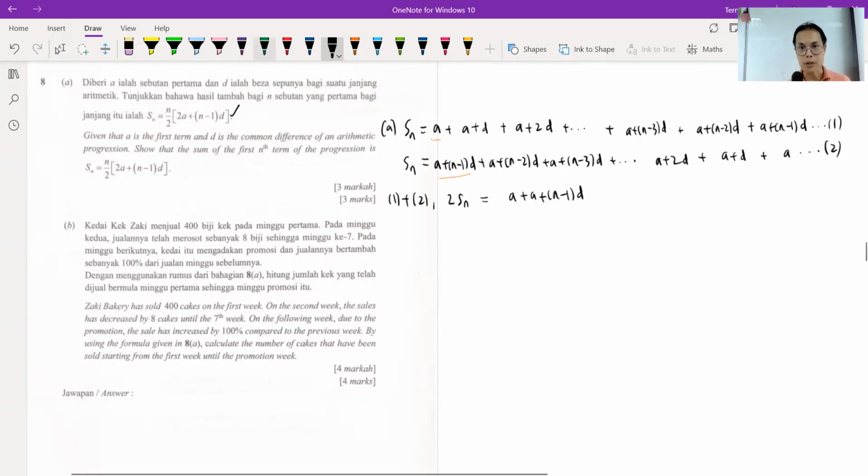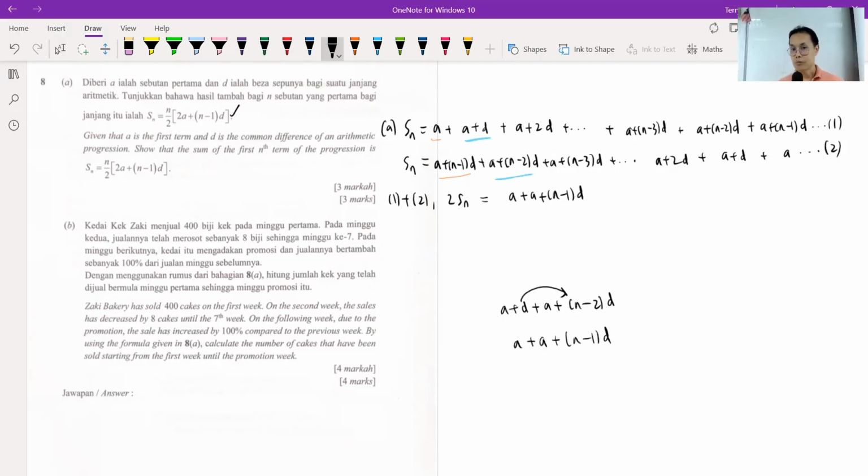This is A plus d, and you add another A plus (n minus 1)d. Basically, this is A plus d plus A plus (n minus 1 minus 2)d. Now, this minus 2d, if you add this to it, you are actually getting (n minus 1)d. So it's (n minus 2 plus 1)d, which is (n minus 1)d.